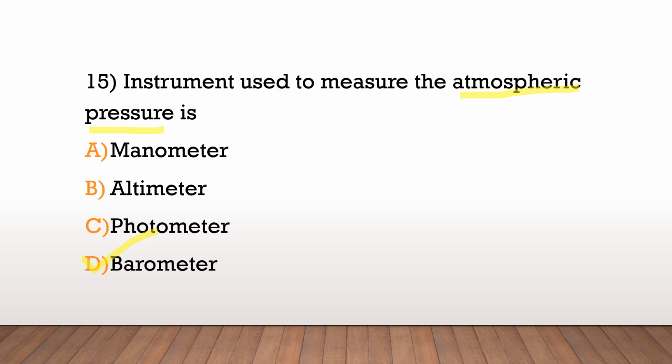Manometer is also used to measure the pressure but not atmospheric pressure, it is the pressure of gases. An altimeter is to measure the altitude, photo means light and it measures the intensity of light. So the instrument used to measure the atmospheric pressure is barometer.